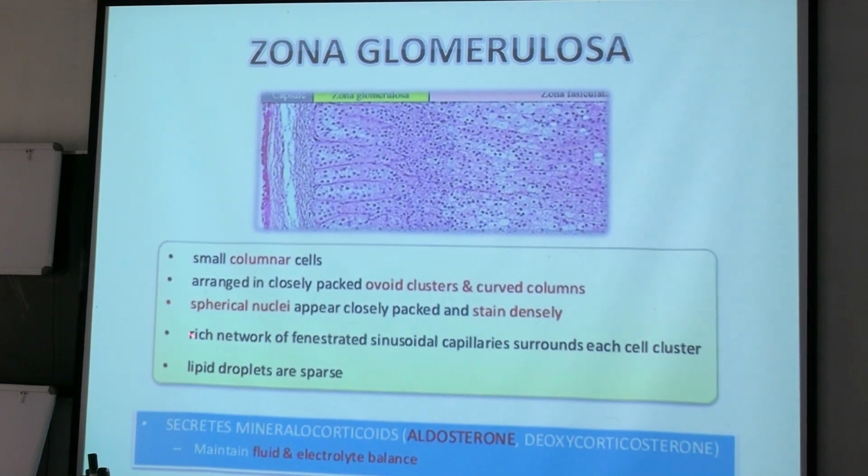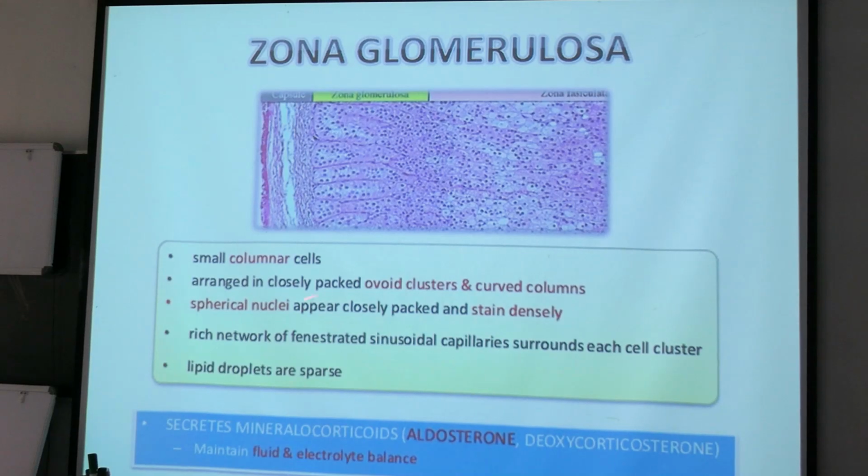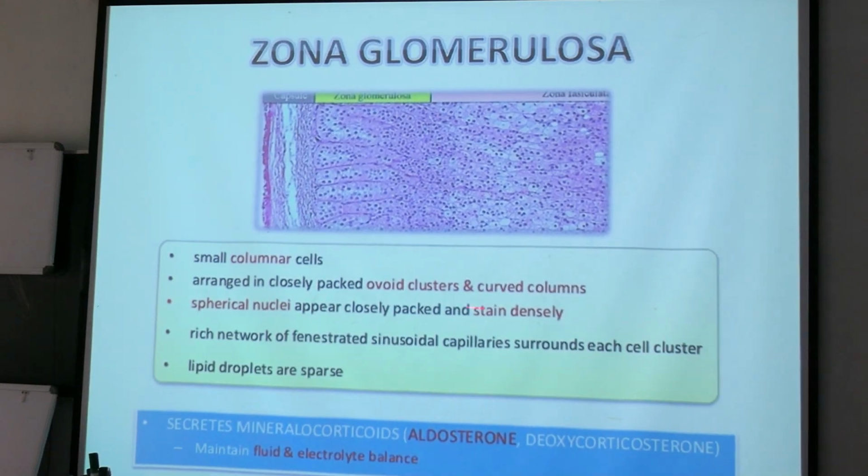There are spherical nuclei that appear closely packed and stained densely. Because of this arrangement of cells, they appear closely packed. And a fine network of fenestrated sinusoidal capillaries surrounds each cell cluster, and lipid droplets are sparse in these cells.